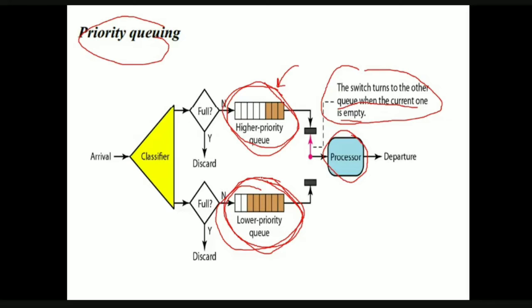Then what is the drawback of priority queuing? Let us say there are 8 places in each queue. Initially we got 8 higher priority packets, which are placed in the higher priority queue, and then we got 8 lower priority packets, which are placed in the lower queue.